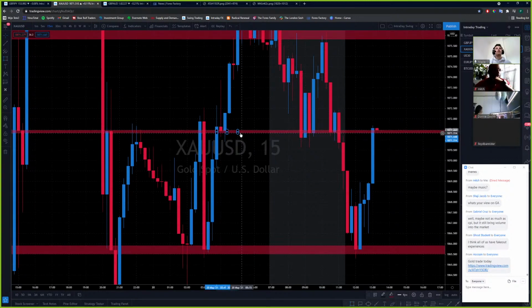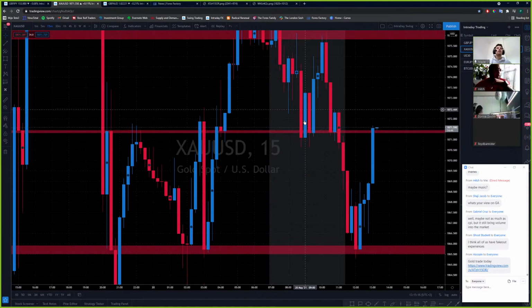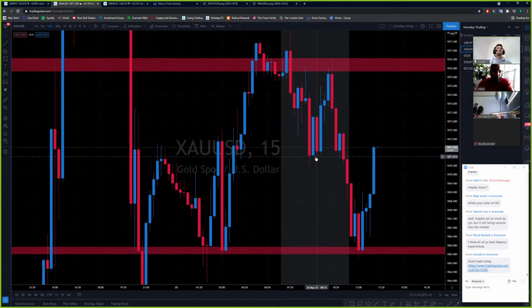You see the bullish 15-minute candle, then the break of the low. Right after the bearish candle, when it was going down, I took the entry, and I thought it would go down, but unfortunately it went up.